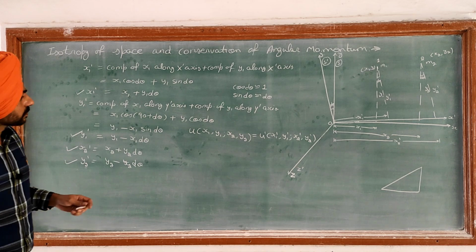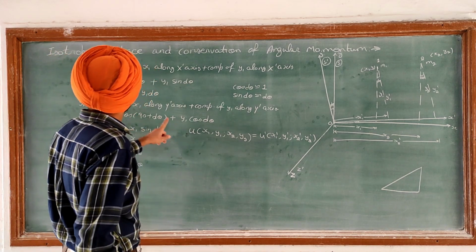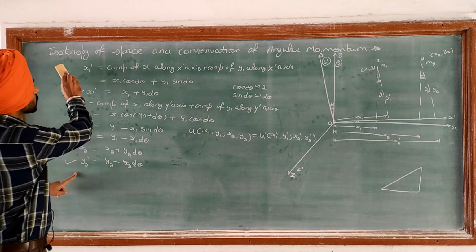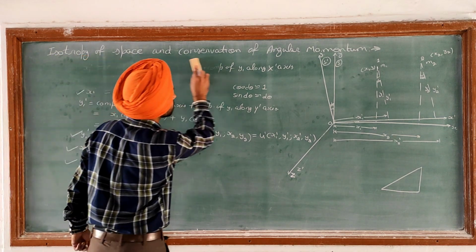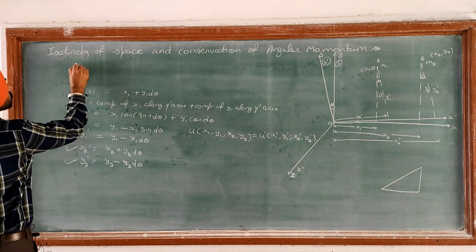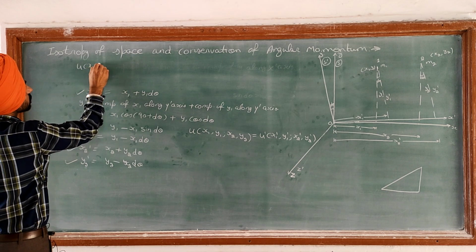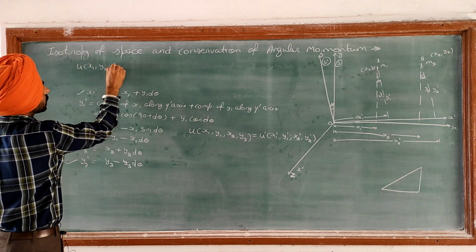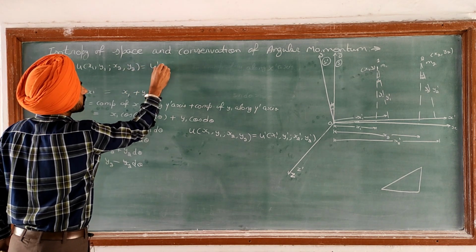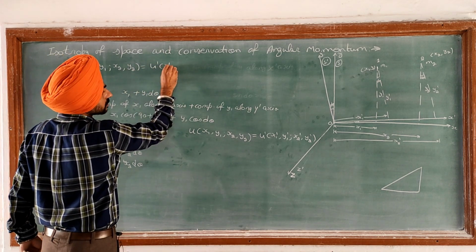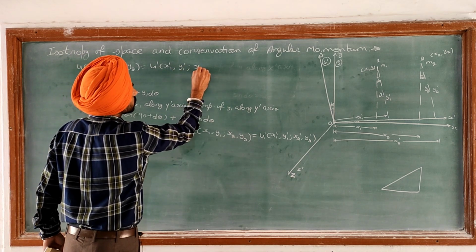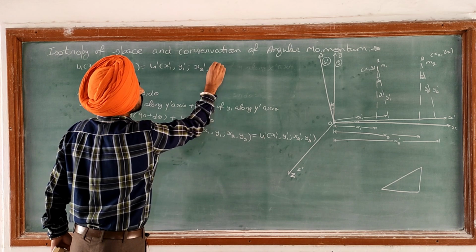Now we will use this expression and substitute the values of x1 prime, y1 prime, x2 prime, y2 prime. So let us write: U of x1 y1 x2 y2 is equal to U prime of x1 prime y1 prime x2 prime y2 prime.